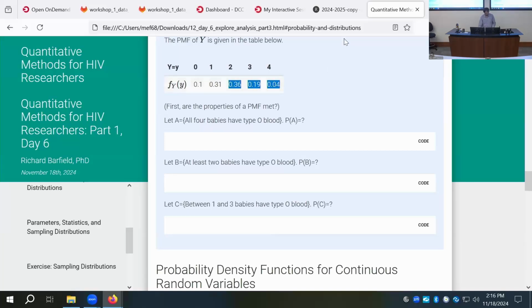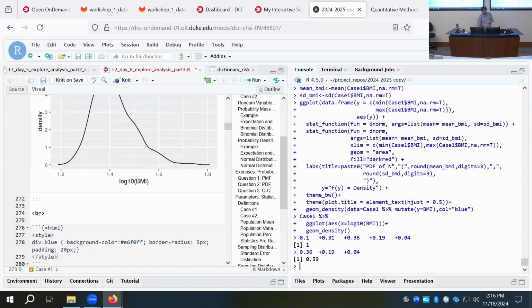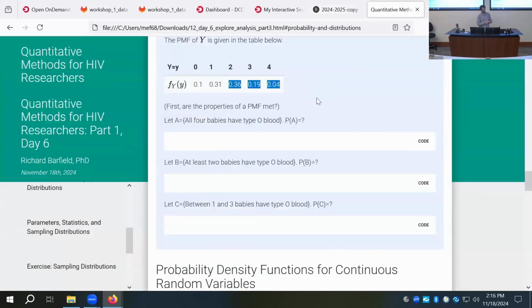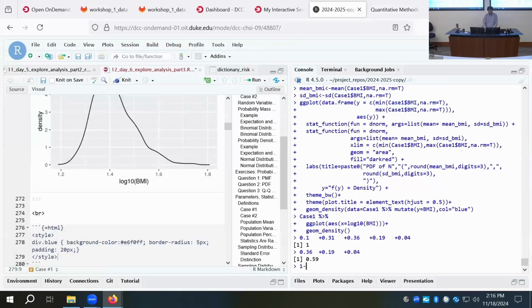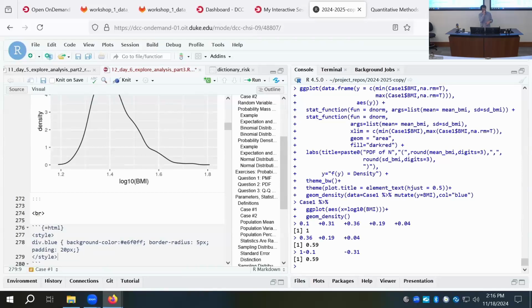That would be 0.59. Another way you can calculate that is because you know everything has to sum up to 1, that's going to be 1 minus the probability that fewer than 2 babies have type O blood. So we can go, what's 1 minus 0.1 minus 0.31? And we get 0.59 again.